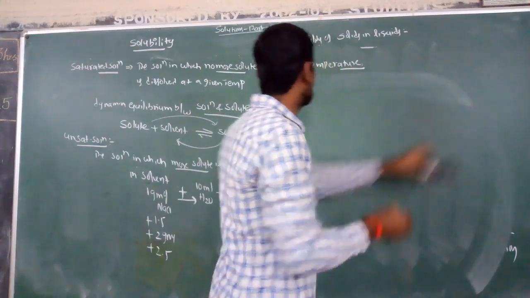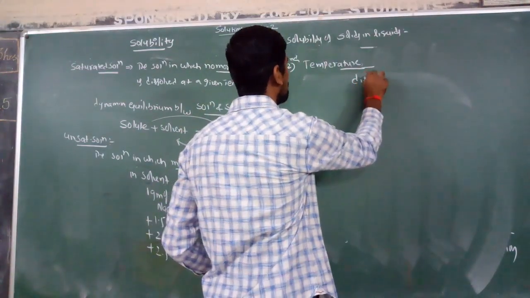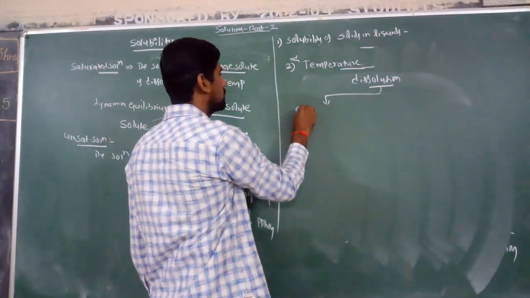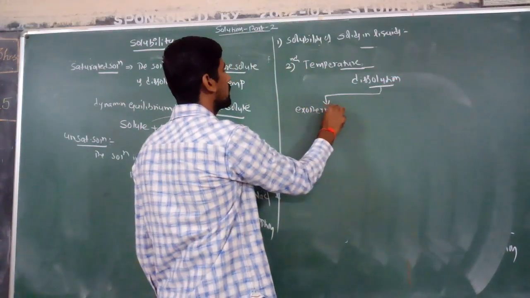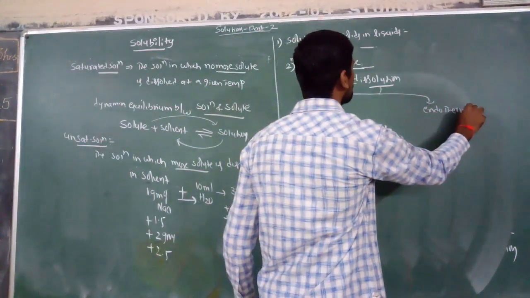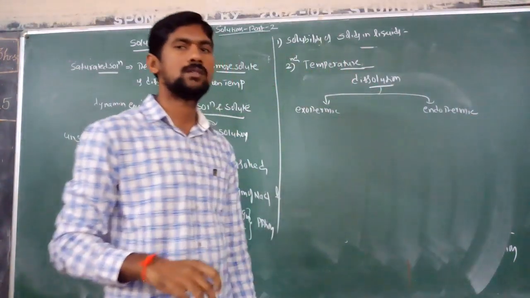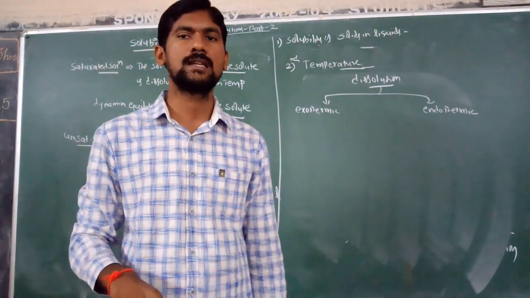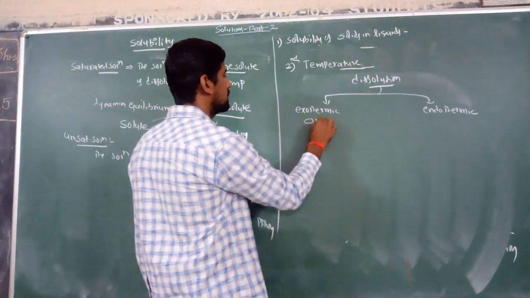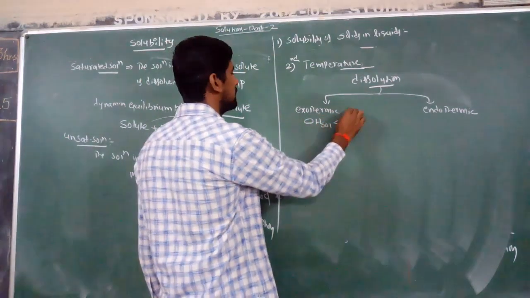There are two types of dissolution process: if the dissolution process is exothermic, and if the dissolution process is endothermic. If the dissolution process is exothermic, delta H solution is less than 0.